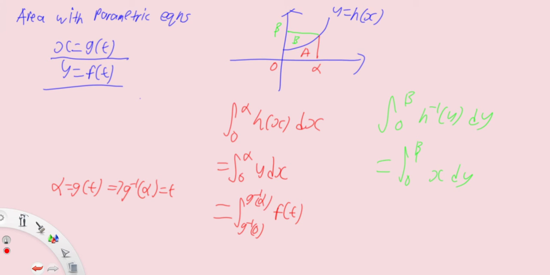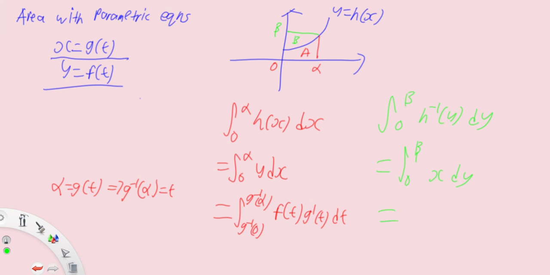Now we're integrating with respect to t, so we're using substitution. That means we have to multiply by the derivative dx/dt, which is g'(t). It's the same steps as how you integrate with substitution, and it's the same idea for parametric equations, just that now we change from integrating with respect to x or y to t.